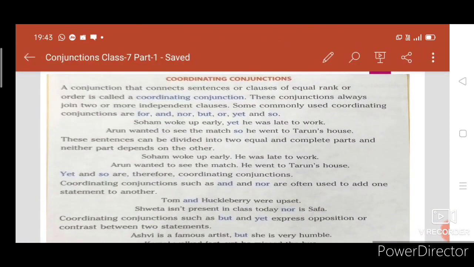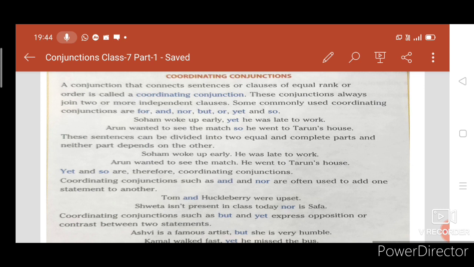So we will see coordinating conjunctions. Coordinating conjunctions connect sentences or clauses of equal rank or order. Your sentences or clauses will be independent.